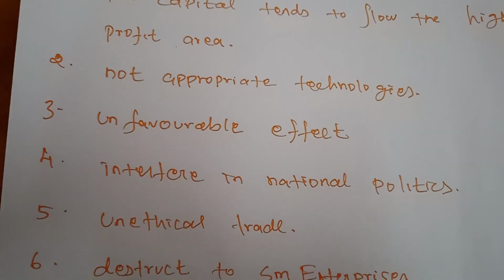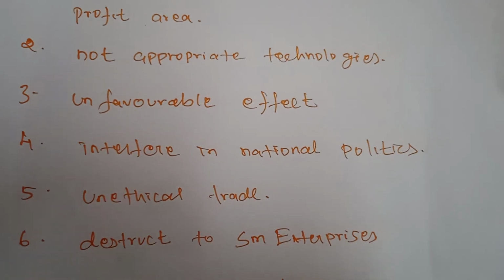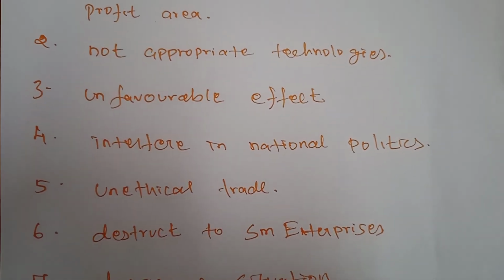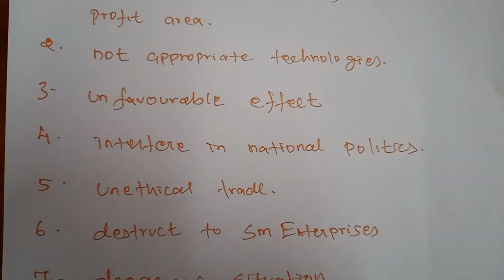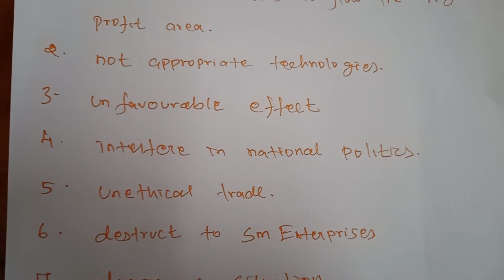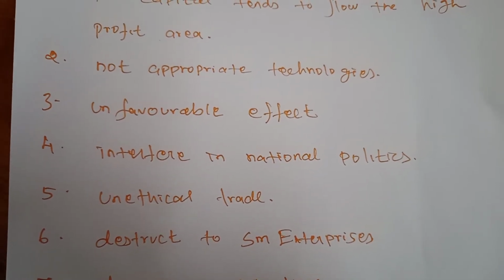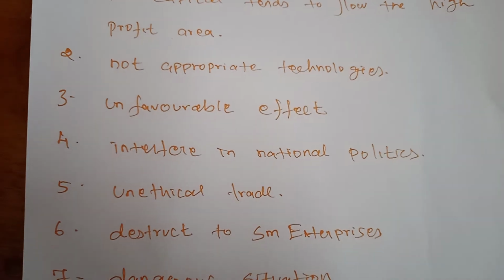So even if you are allowing foreign direct investment, it is not sufficient to equal the foreign exchange outflow. It will not be helpful to balance our balance of payments.